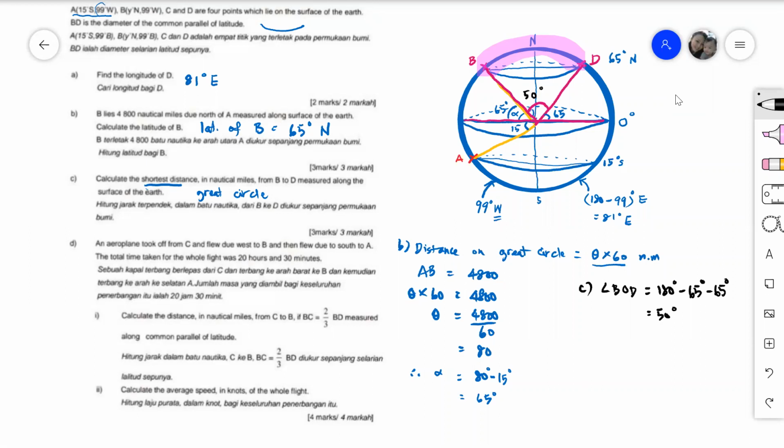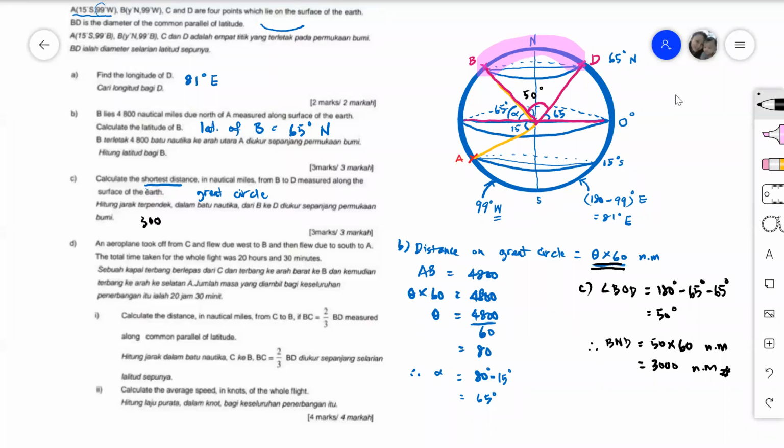And therefore, the shortest distance between B and D, using this formula along the great circle, will be 50 times 60, the unit is in nautical miles, so 3,000 nautical miles will be the shortest distance for our C.